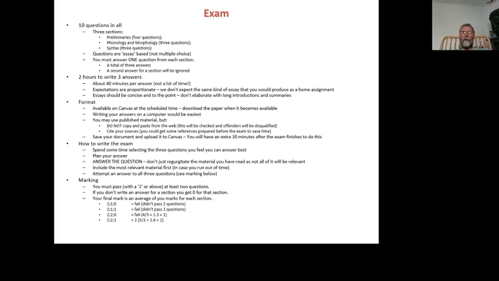So you register for an exam, and that will be given a time. And then what's going to happen is that for those people who've registered for the exam, I will make the exam paper available to you at the time of the exam. When it becomes available, you download the paper and you can start writing.